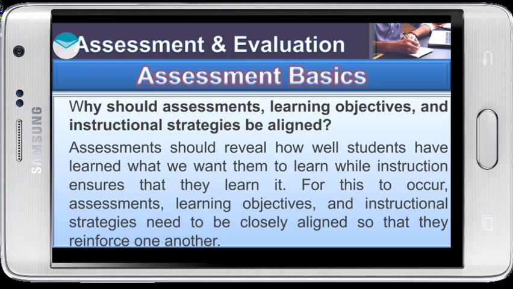Okay, now I want the students to learn how to speak on the phone. Okay, that's the objective. And then I'm going to use some activities and methodologies to help students learn how to make a conversation on the phone.